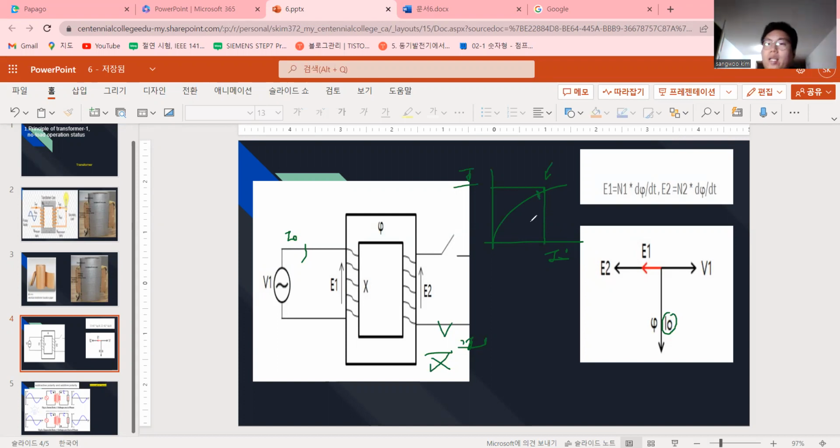We don't want the iron cores to get saturated, but because of cost and efficiency, we also consider this situation. Consider I0, the exciting current, which depends only on Ohm's law. Yeah, today's lecture is done.